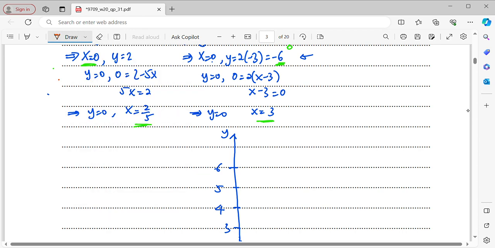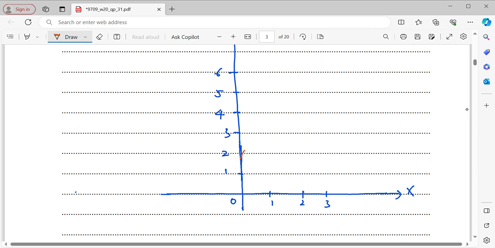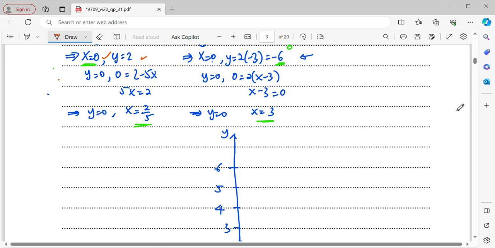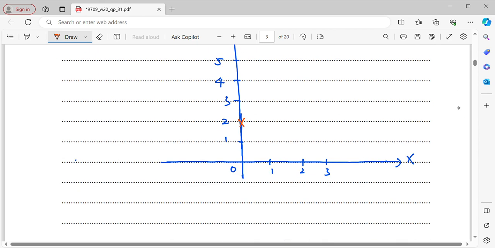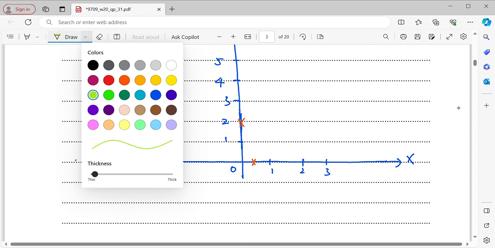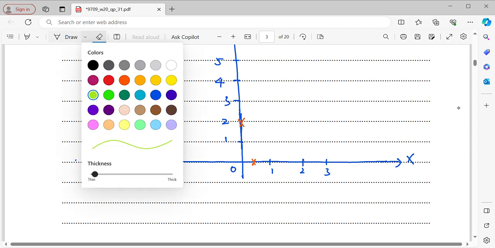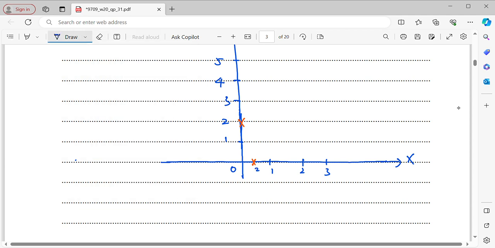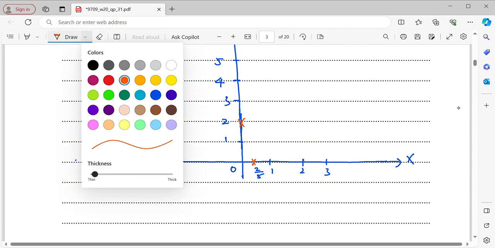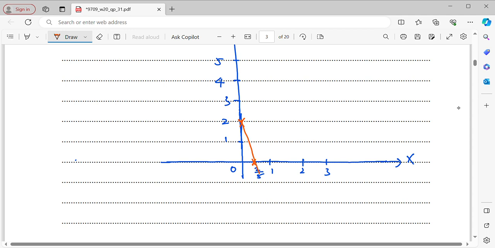The first point will be 0, 2. The second point is x equals 2 over 5 and y equals 0. So 2 over 5 is roughly here. Now we join the 2 points using a straight line, using a ruler.